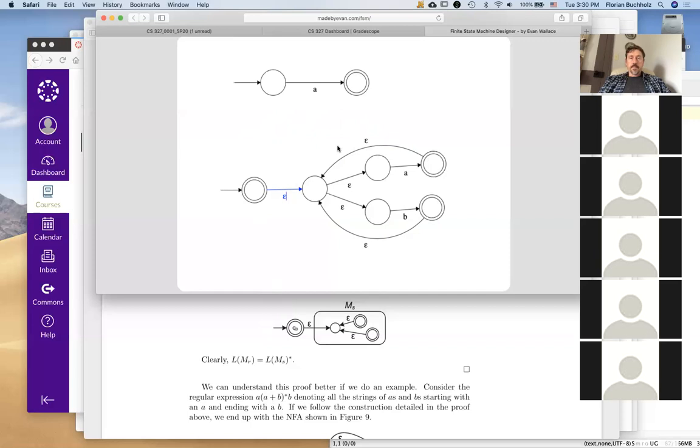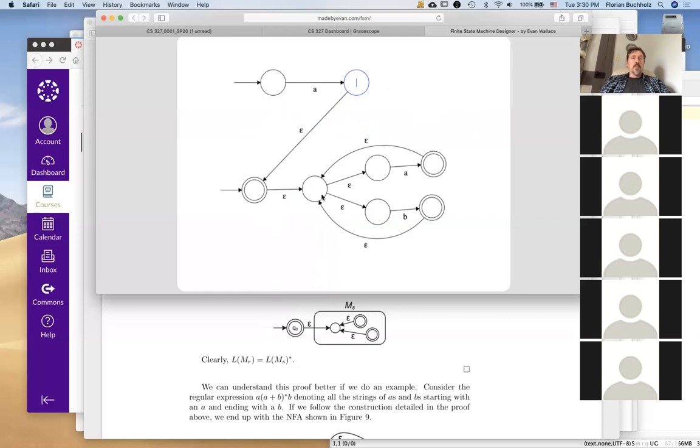And for concatenation, we just said we're going to combine these. So if I concatenate, and I'm no longer making this an accepting state.